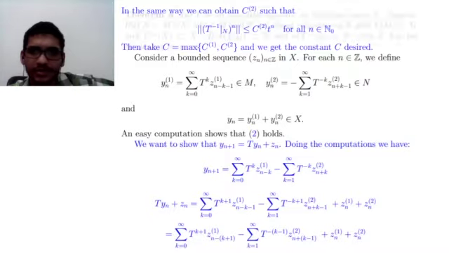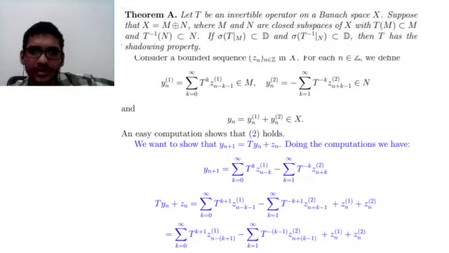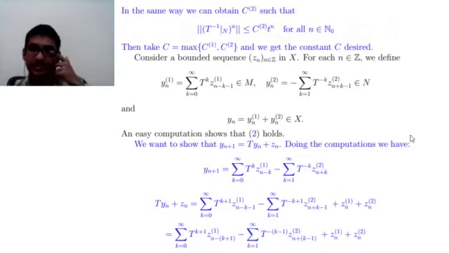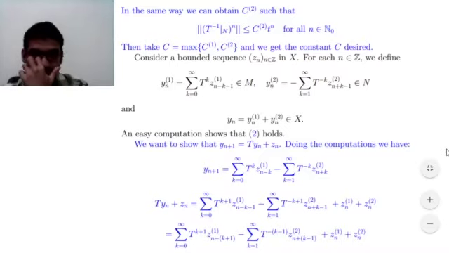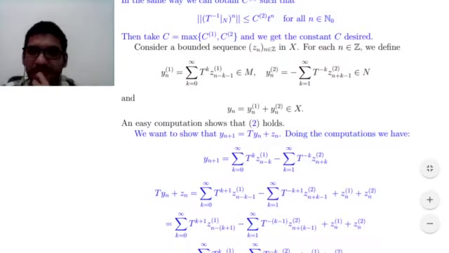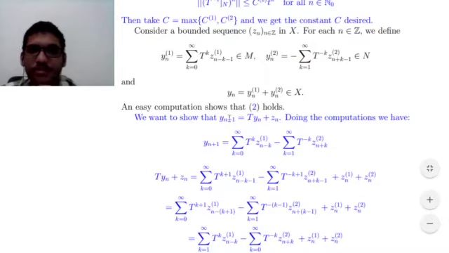Let me show you theorem A. You have t minus 1 of n is contained in n, so you use this, okay, and this is in n. Okay, you define this, then the paper says that an easy computation shows that 2 holds.